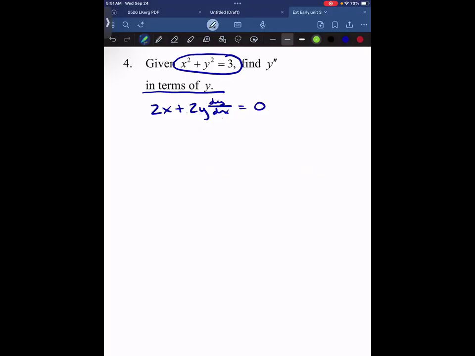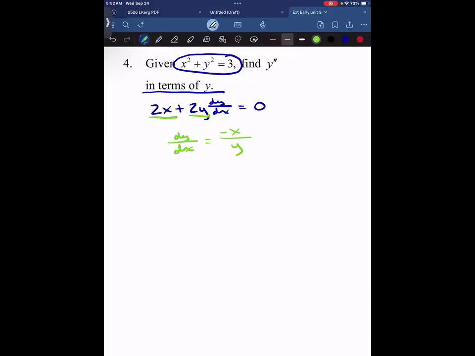So I solve for dy/dx here, which means I move this one over and divide by this one. dy/dx is equal to negative 2x divided by 2y, and those 2's cancel. So we have negative x over y. That's the derivative of a circle. It's a good thing to memorize, negative x over y.